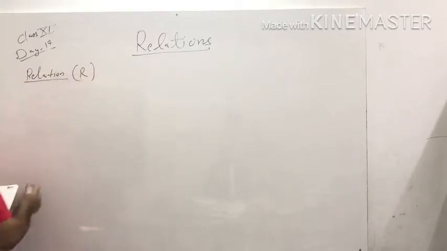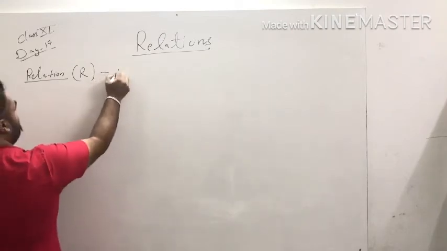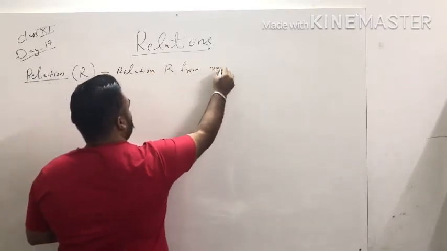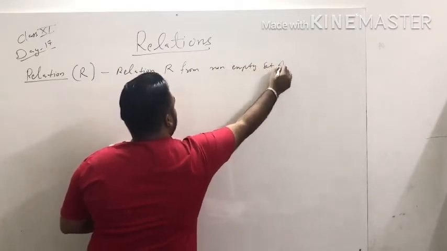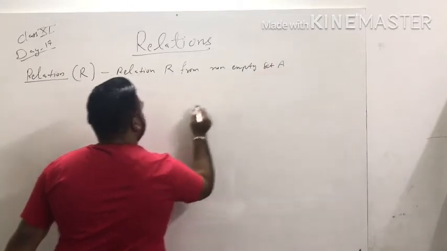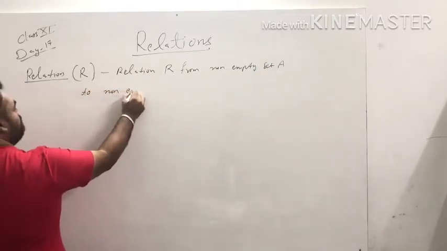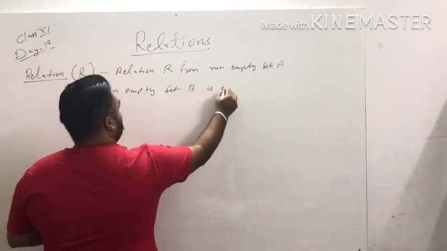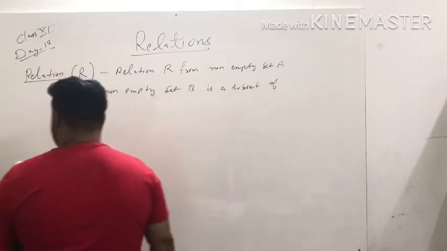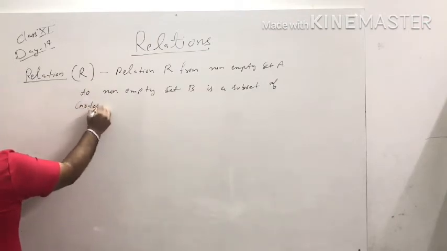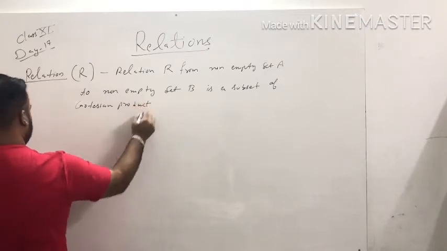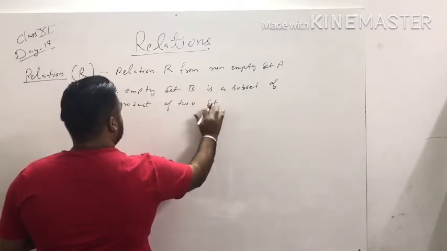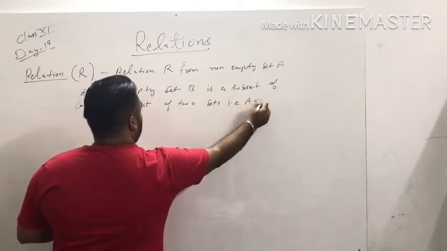Denoted by R. The relation R from a non-empty set A to a non-empty set B is a subset of the Cartesian product of two sets, that is A cross B.